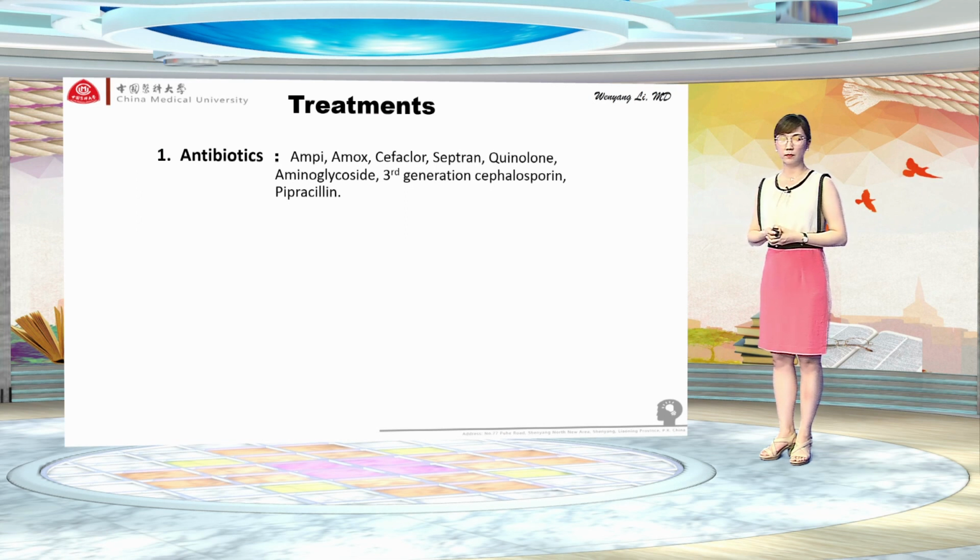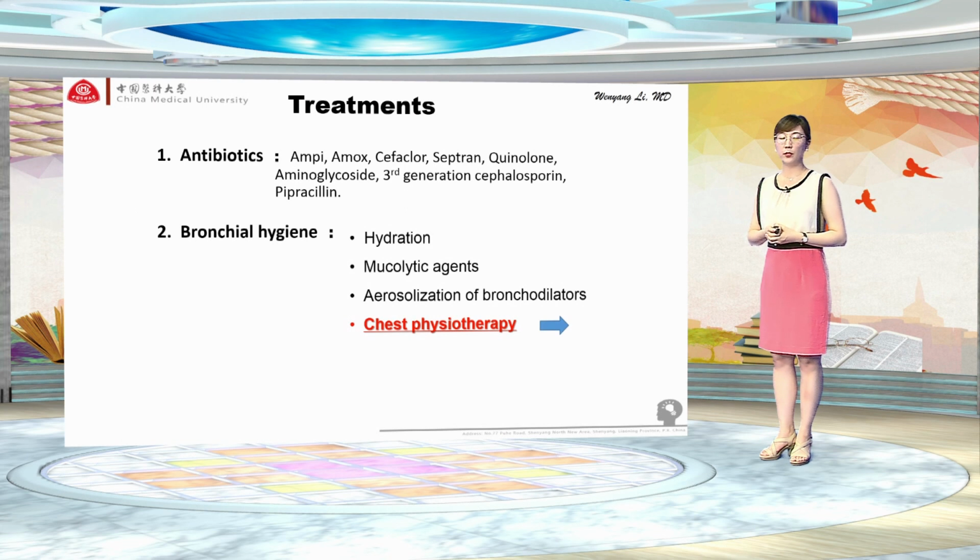Secondly, bronchial hygiene is very important for the treatment of bronchiectasis. There are numerous approaches used to enhance secretion clearance in bronchiectasis, including hydration and mucolytic administration, as well as aerosolization of bronchodilators and chest physiotherapy.